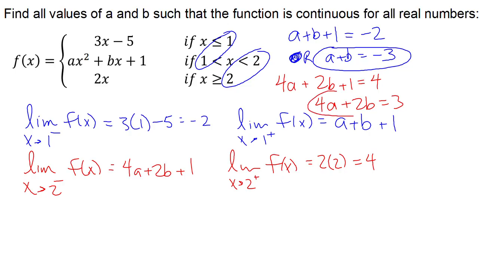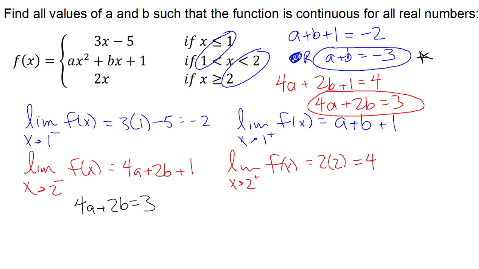So we need both of these things to be true in order for this function to be continuous for all real numbers. So in order to figure out when both of those things are true, we just need to solve that system of equations. So we'll start with 4a plus 2b equals 3, and recognize that if I multiply everything in a plus b equals negative 3 by either 2 or by negative 2, we can do either one, we should be able to get some b terms that match up and cancel out if we either add or subtract them.